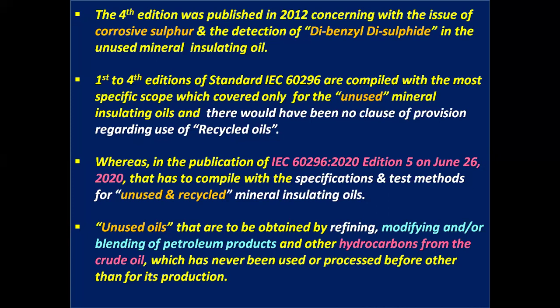Unused oils are those obtained by refining, modifying, and or blending of petroleum products and other hydrocarbons from the crude oil, which has never been used or processed before other than for its production.